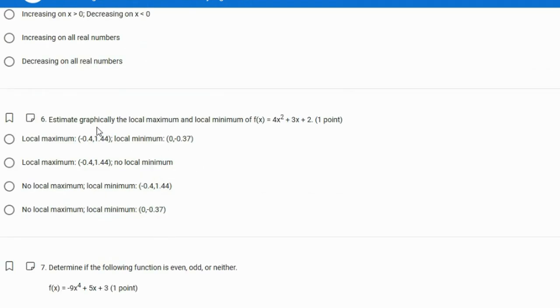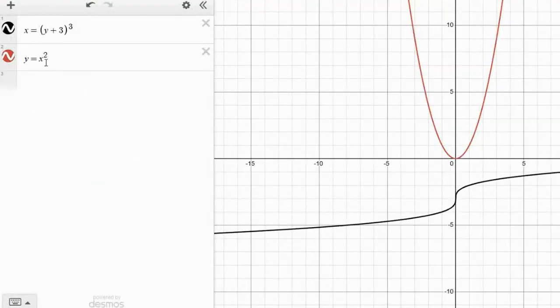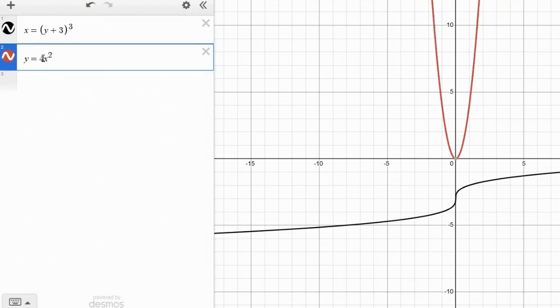Estimate graphically the local maximum, local minimums. Remember, we looked at that. So if we have an equation like 4x to the third minus 2x squared plus x minus 1.